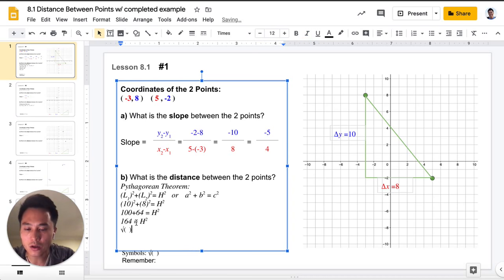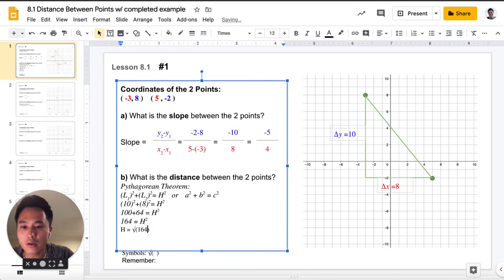So we need square root of 164 is equal to h, because the square root of h squared, it undoes the squaring, and it's equal to h. So now we know that this length, this hypotenuse, which is the distance between those 2 points, is the square root of 164. I'm just going to rearrange this real quick. H is equal to the square root of 164.